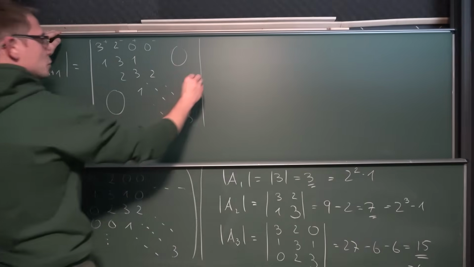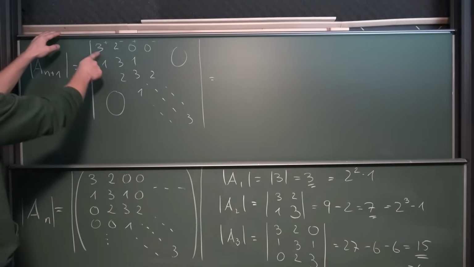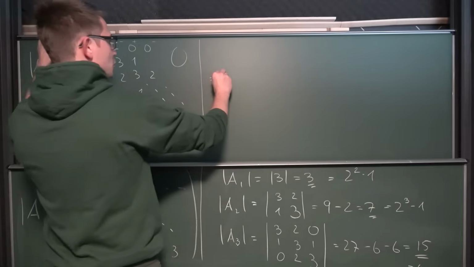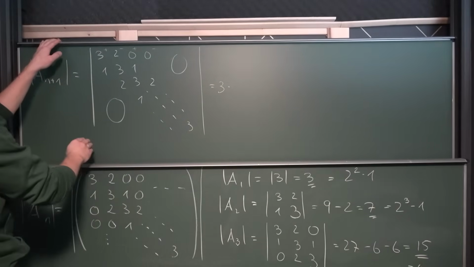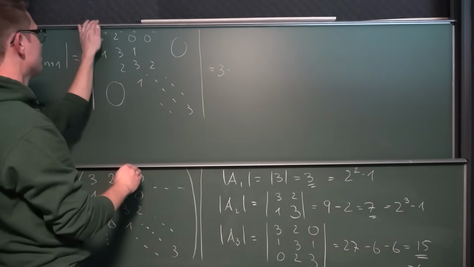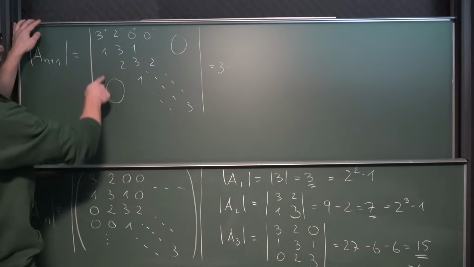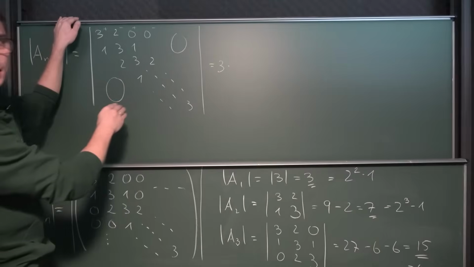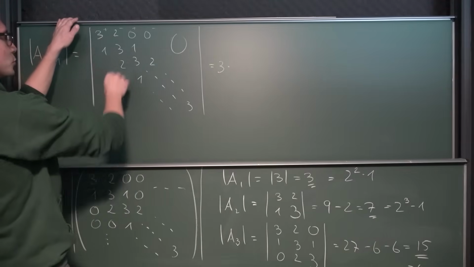And then what you're going to do is, if you take the 3 right here, you're going to multiply this entry with the matrix which is going to be left once you cover up all the other stuff, which is on the same column and line as the number that you basically introduced here.